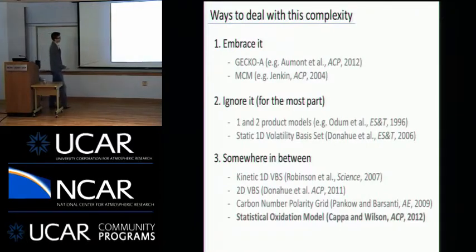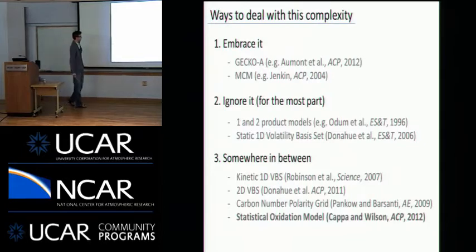And that's the type of thing that the very successful, for many years, 1 and 2 product models would do. You have some compound, it reacts, it forms 1 or 2 things, and that's it. And that's things like what the volatility basis set also does if it doesn't have additional chemistry in it. And so these, I would say, tend to ignore a lot of the complexity that's going on and try to parameterize their way out of this complexity.